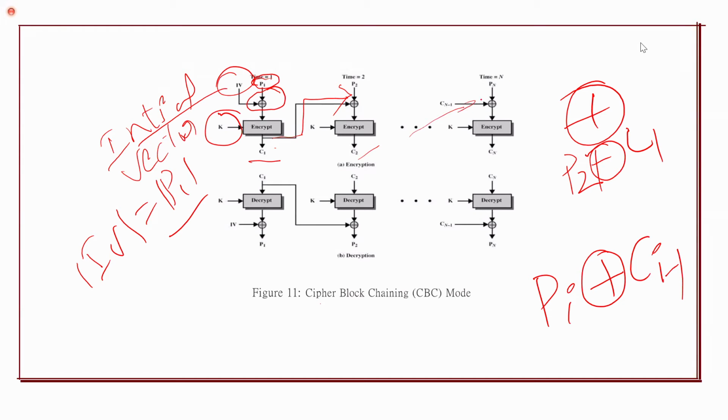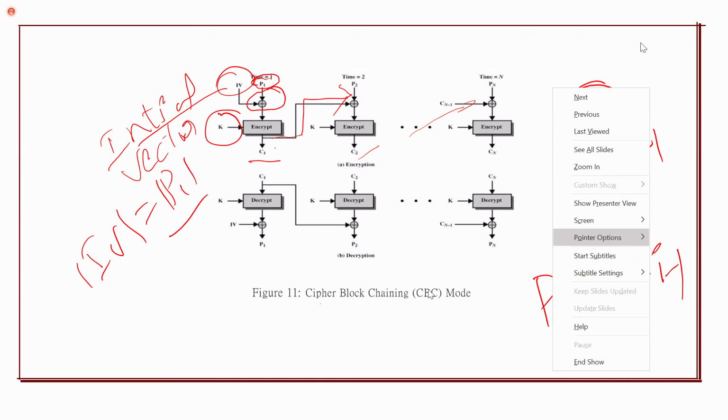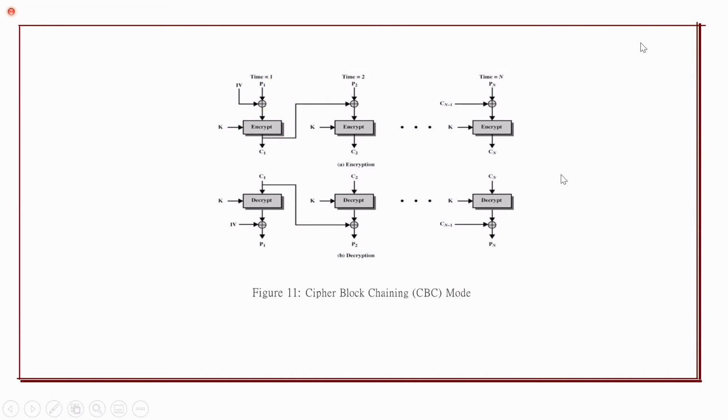Finally, the plaintext of the last block is XORed with the previous block's ciphertext. That is the procedure. Simply, before applying the encryption algorithm, it applies the XOR operation using the plaintext and the initialization vector, where the size of the initialization vector is the same as the size of the plaintext.